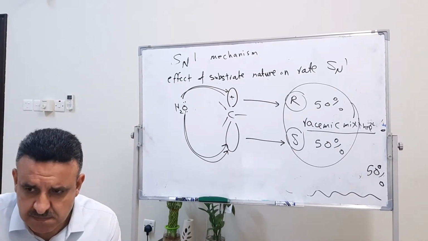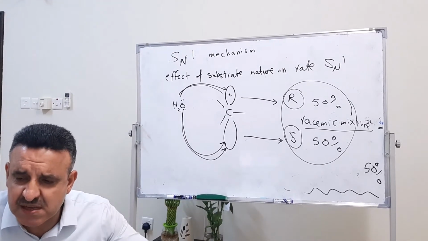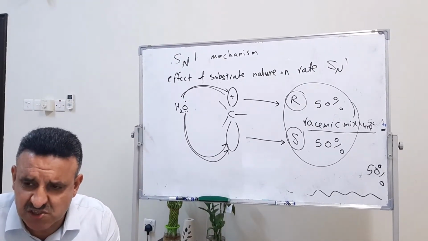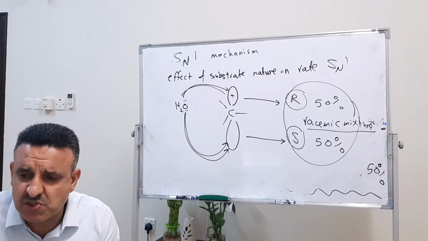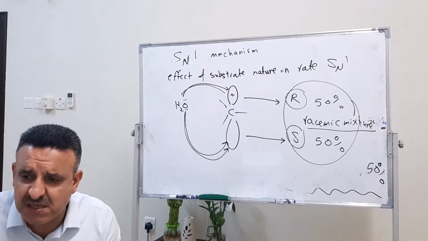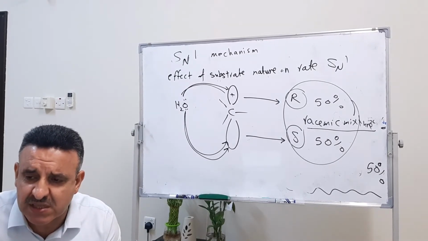More alkyl groups. Exactly. As the number of alkyl groups increases, the possibility for hyperconjugation will be higher and therefore the stability will be more. Now we will explain the stability of what we call here benzylic carbocation and allylic carbocation.